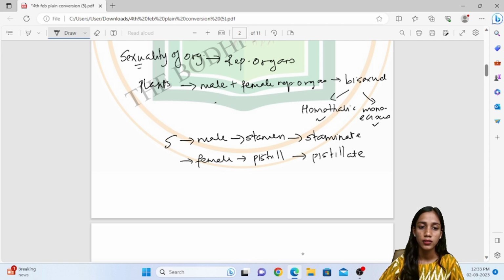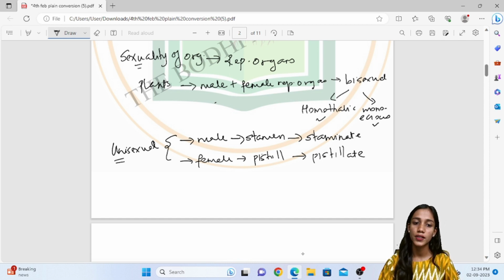These are unisexual plants. Unisexual means only one reproductive organ, either the male or the female reproductive organ, is present in the plant. So if the male reproductive organ stamen is present, the plant is called as staminate, and if female is present, it is called as the pistillate.